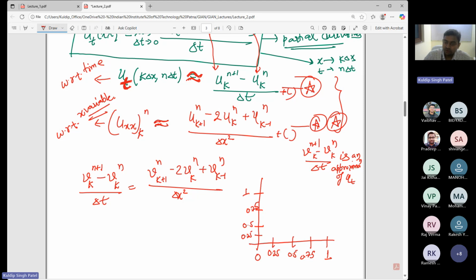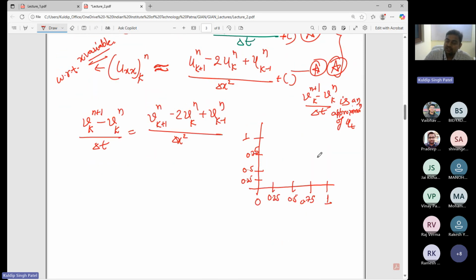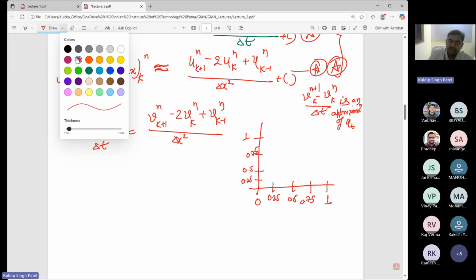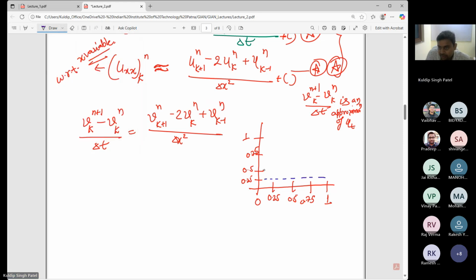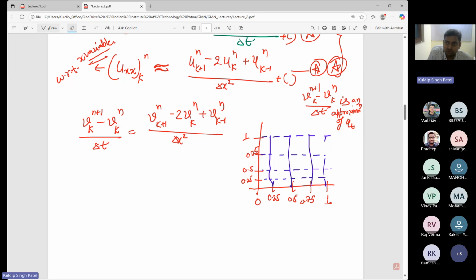Now from this we are going to obtain the solution. Let me draw the grid. What will be our grid? This, this, this, and this. We need to understand at what points we need to find the solution.